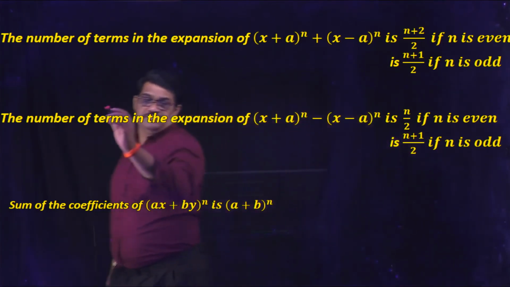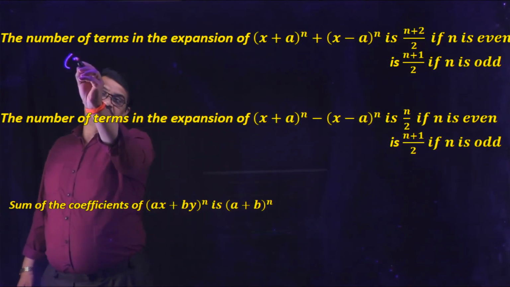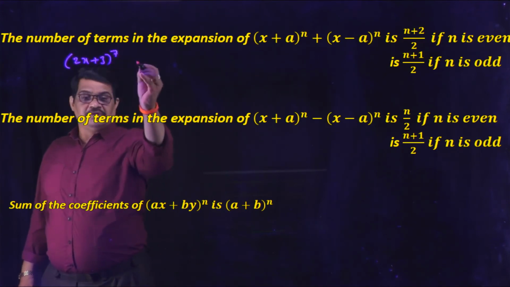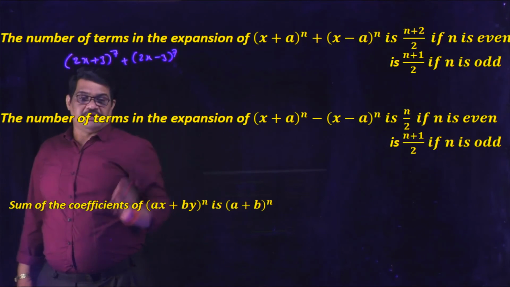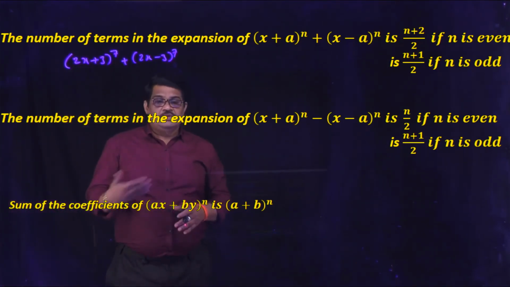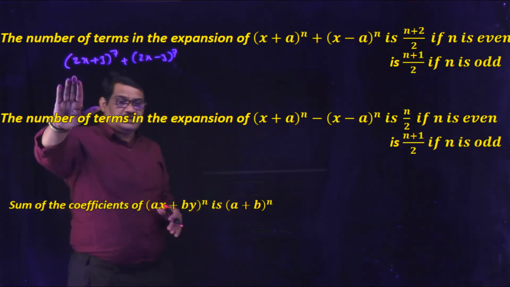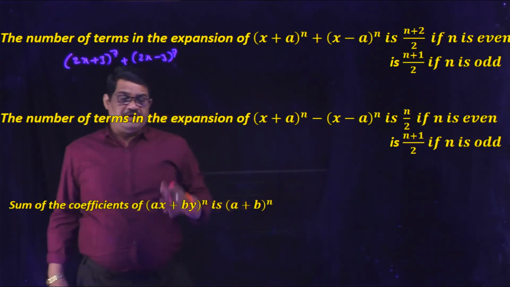Suppose we get an expression like (2x + 3)^7 + (2x − 3)^7. In that expansion, what is the total number of terms? Without expanding, we use the formula.